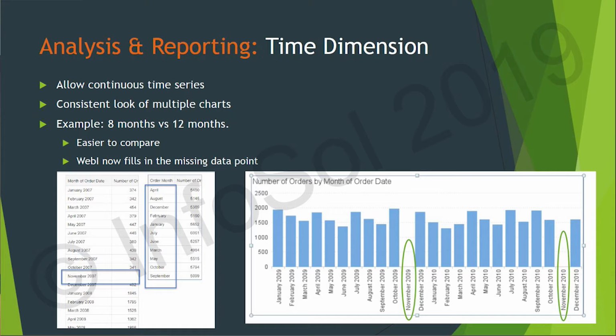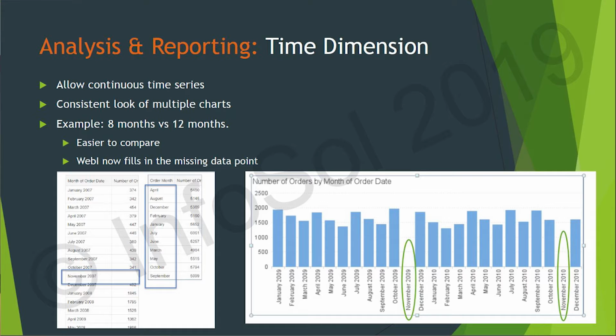When you're getting the data from your query, somehow your data does not have any November 2019 data. So what it normally does is skip that data point when you plot it against a chart. It's just going to go July, August, September, October, and December.